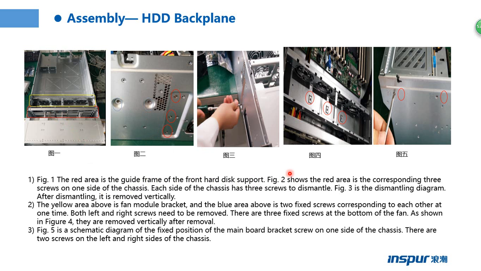Figure 2 shows the red area is the corresponding 3 screws on one side of the chassis. Each side of the chassis has screws to dismantle. Figure 3 is the dismantling diagram. After dismantling, it is removed vertically. Remove the guard frame of the front hard disk support.